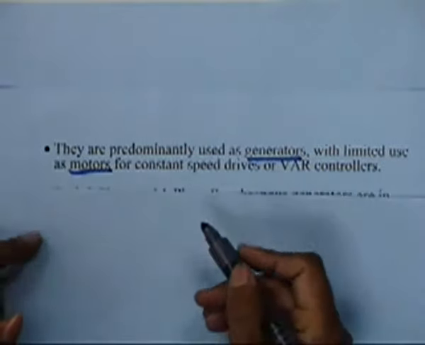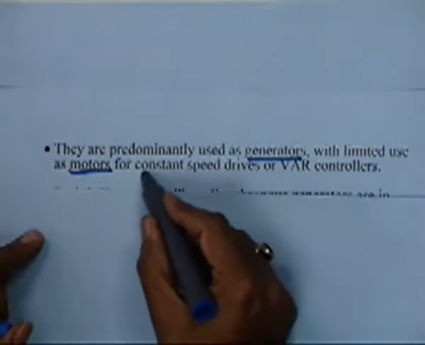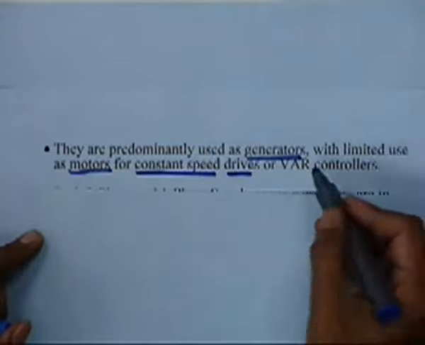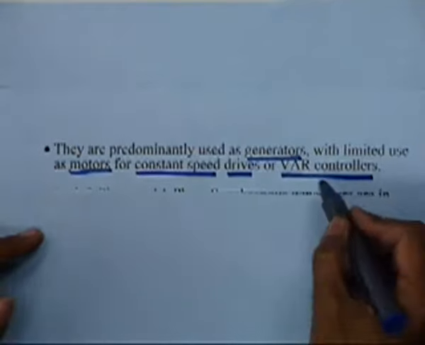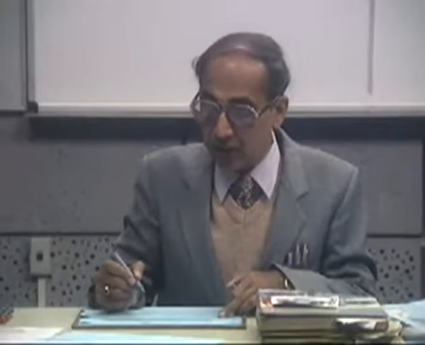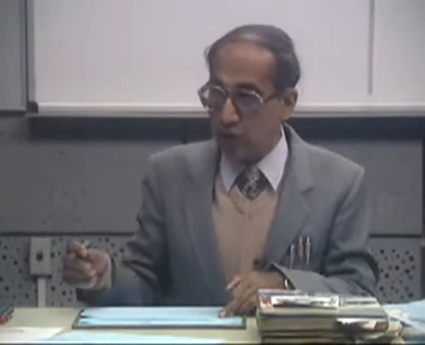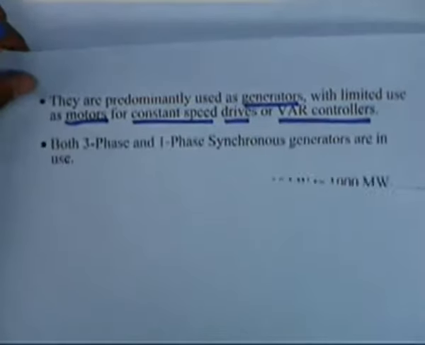So more than 80% of synchronous machines are used as generators, and as motors they are used for constant speed drives, or for what is known as VAR controllers, where VAR means reactive power, which can be controlled by the synchronous motors by controlling their field. Of course, we will understand more a little later about these features.